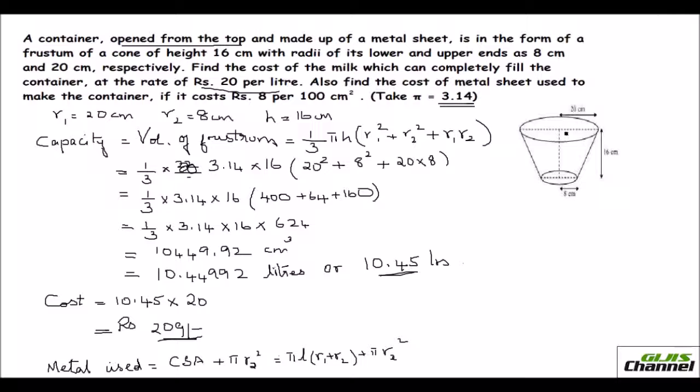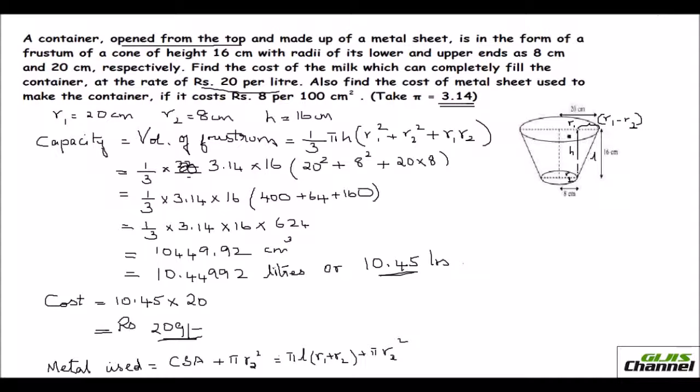So you need to know the slant height, right? What I do is I just draw a line perpendicular like this. The bigger radius is R1 and this is your R2. Now this is your height. So for L, this portion over here will be the total R1 minus this R2, because till here it is R2 and till here it is R1.